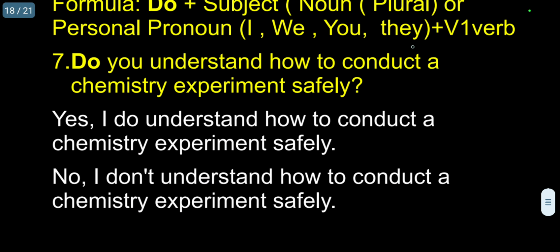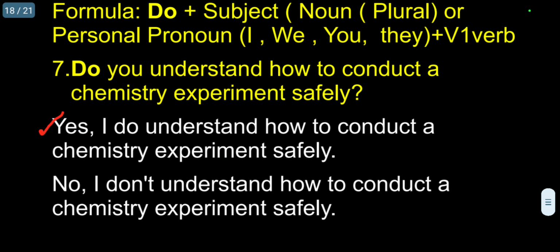Number 7. Kindly follow. Do you understand how to conduct a chemistry experiment safely? For example, test for anion, test for cation, or even a titration. If it is yes: yes, I do understand how to conduct a chemistry experiment safely.